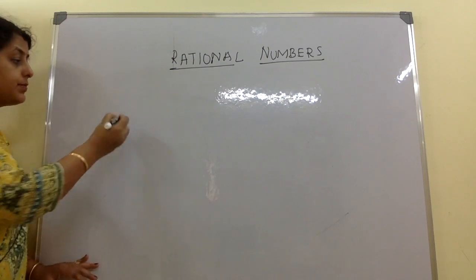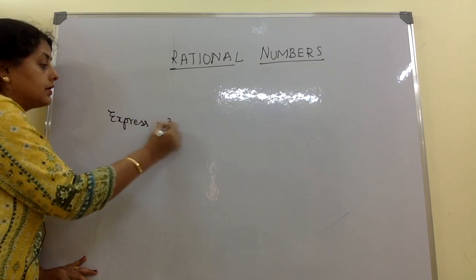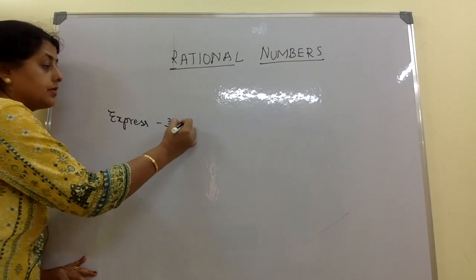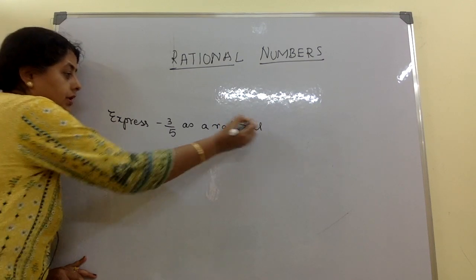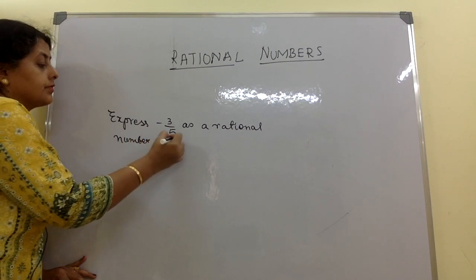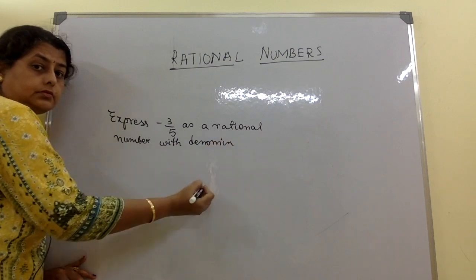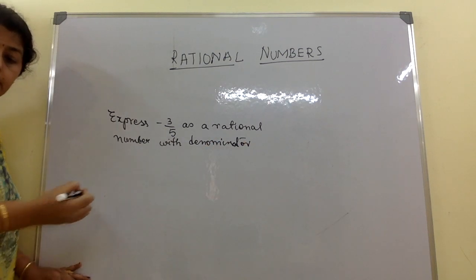Okay, express -3/5 as a rational number with denominator 20, -30, 35 and -40.